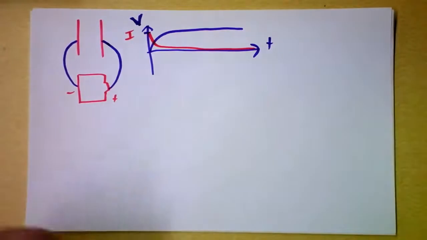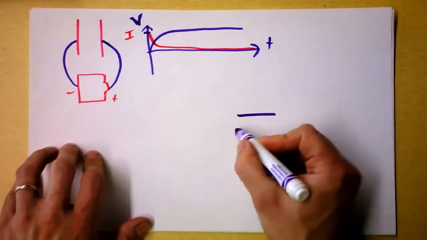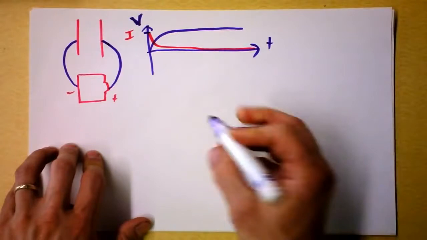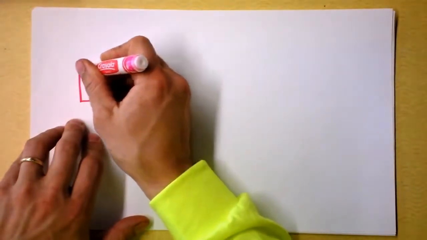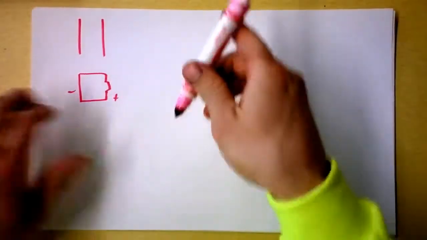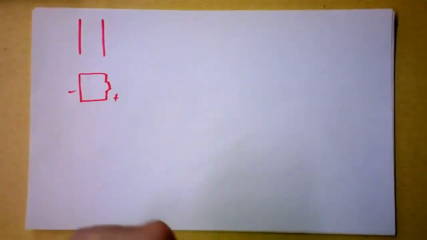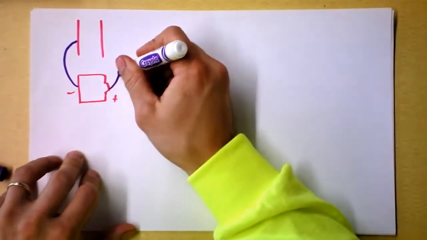So we want to think now about what happens if instead we connect a capacitor. If I hook up a capacitor to a battery, let's say I've got this D battery here, and this side's positive and this side's negative, and here I have a parallel plate capacitor, and my intention is to put a wire between here and a wire between here.